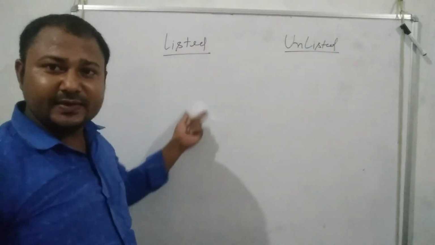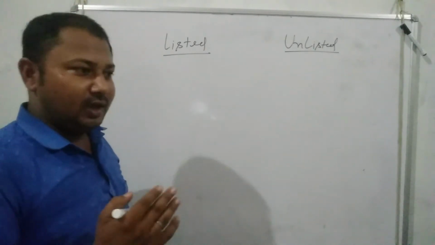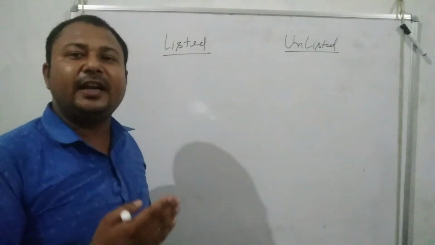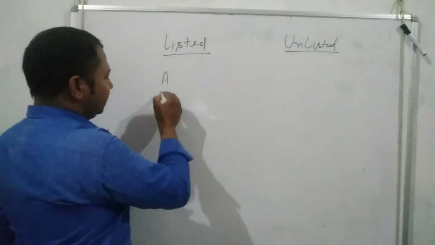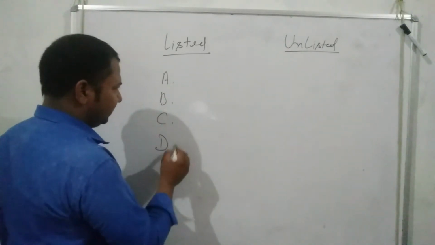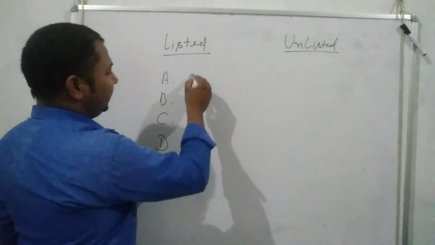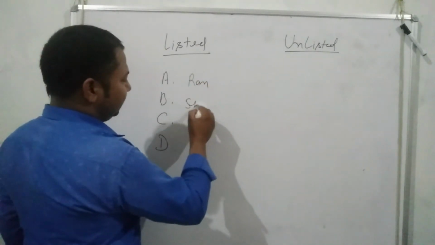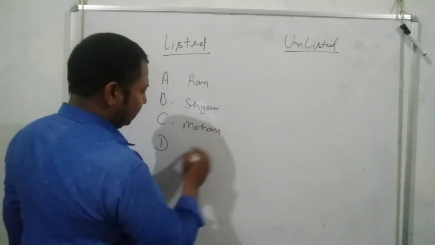Listed means where numbers or any kind of sequence is used, like A, B, C, D. Suppose four friends' names, like Ram, Syam, Mohan, Sohan.